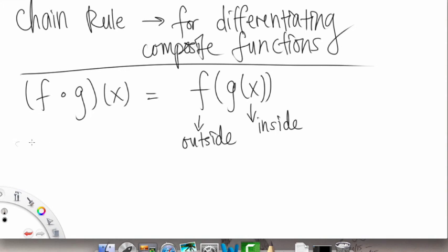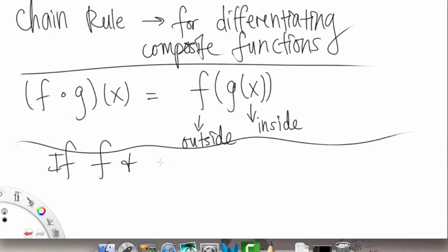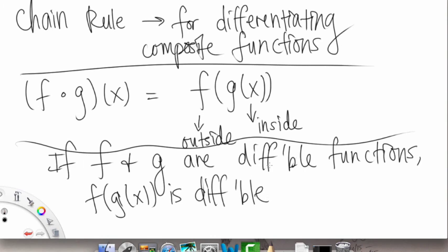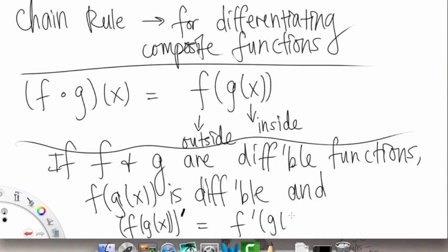So what is the chain rule? Let's go over that. The chain rule says that if both f and g are differentiable functions, then f of g of x is differentiable, and furthermore, the first derivative of f of g of x is going to equal f prime of g of x times g prime of x.